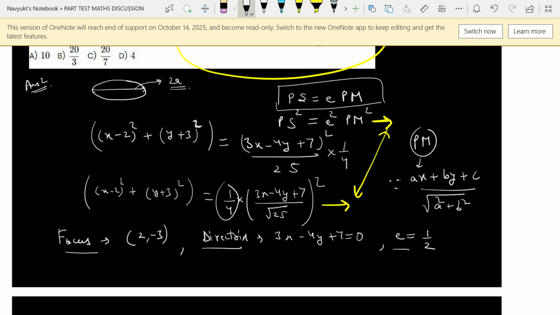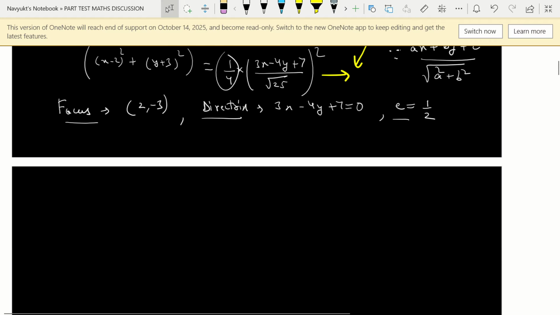Fine. Now what we need to do is use our basic property of the distance of focus to a directrix. As we have found, eccentricity is half, correct?